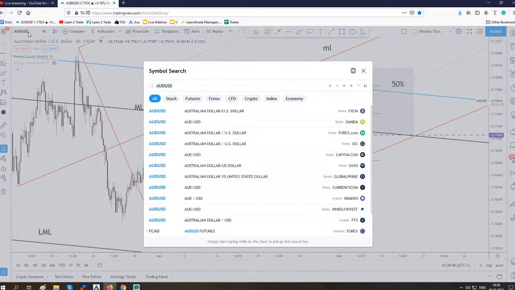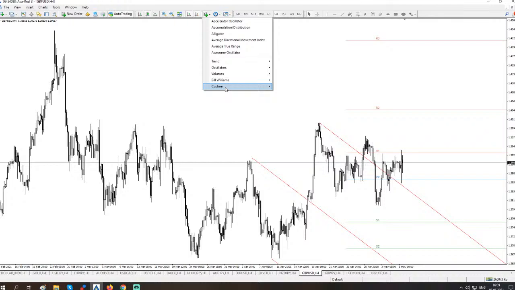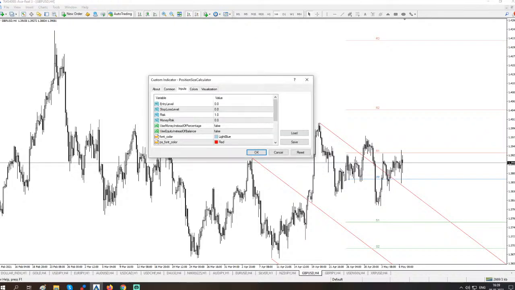Okay, so let's move on and let's place this trade, guys, live on the GBP versus the US dollar. I will first calculate my position size. It's very important.